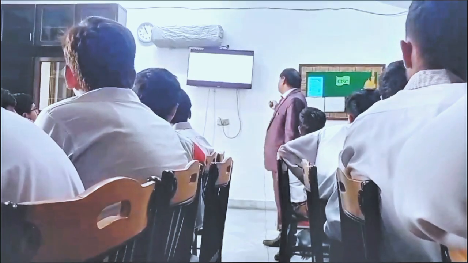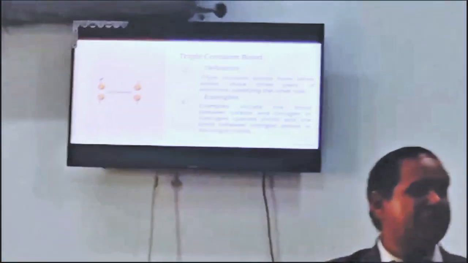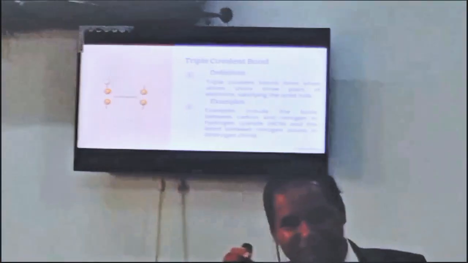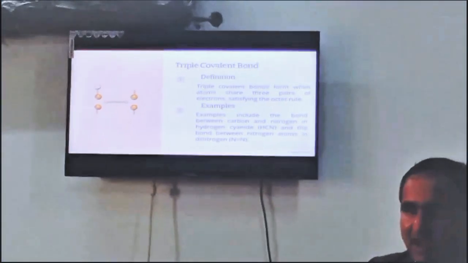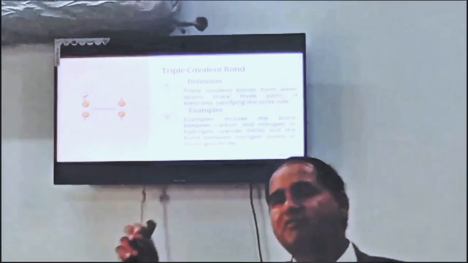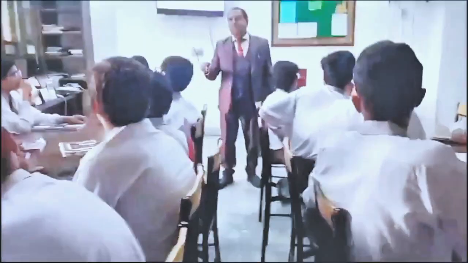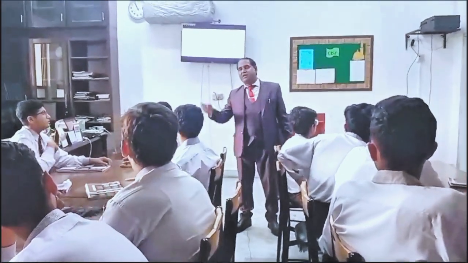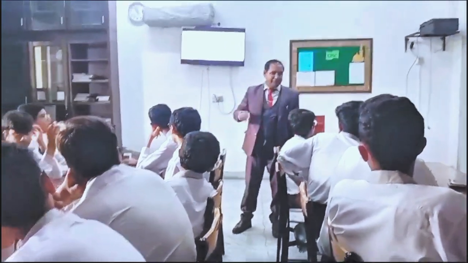Now we move towards triple covalent bond. When every bonded atom shares three electrons each, a bond is formed which is called a triple covalent bond. A triple covalent bond is represented by drawing three lines between the bonded atoms.